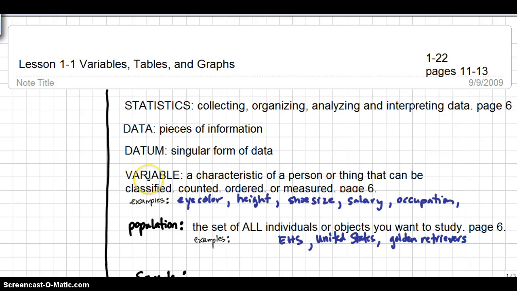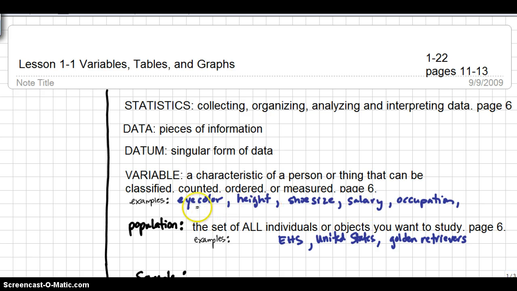Students are used to using variable to describe a letter or something that changes in algebra, but in statistics it's the thing that you're going to be counting, classifying, ordering, or measuring. So for example, if you wanted to know what the different eye colors are that are out there in the world, that would be a variable that you could study. Same thing with height or shoe size, or people's salary or occupation.